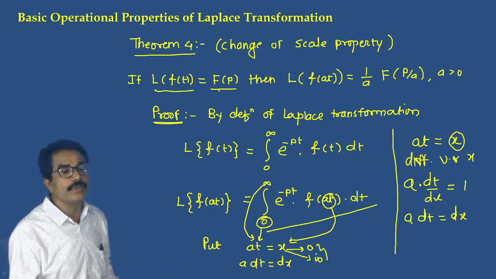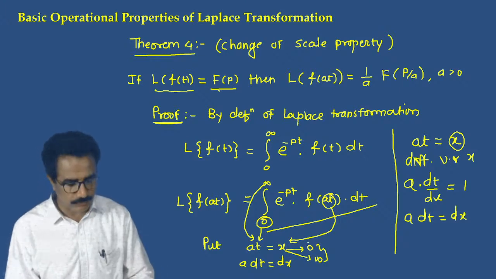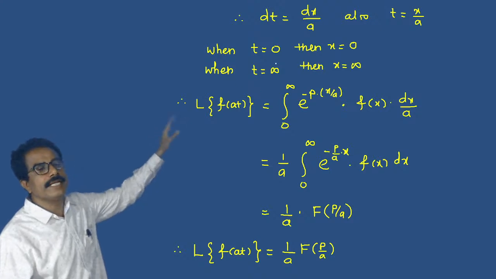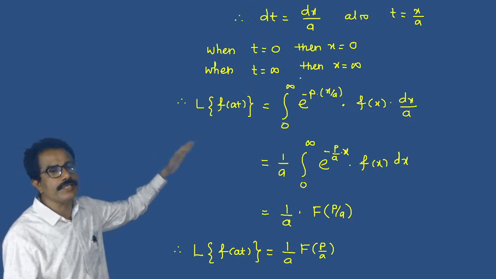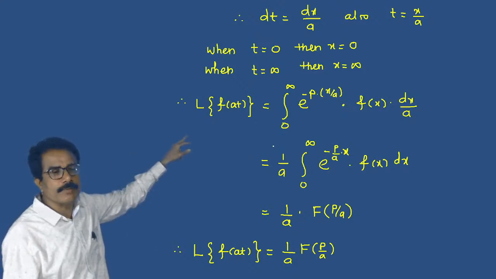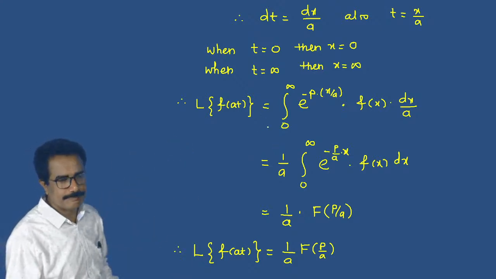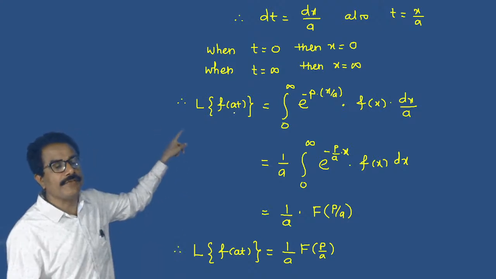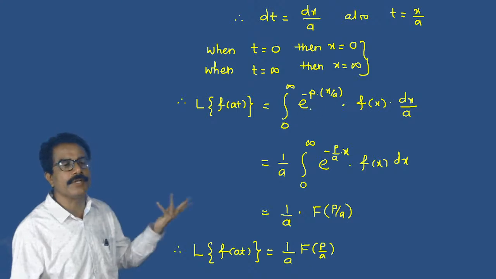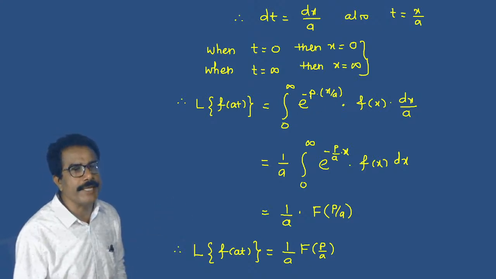These are the new limits for our integration: t equal to 0 gives x equal to 0, and t equal to infinity gives x equal to infinity. Due to this substitution, our integral becomes L of f of at is equal to the integral from 0 to infinity of e raised to minus p.